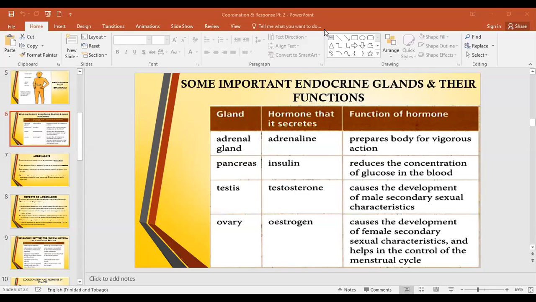And estrogen in females causes sexual characteristics to develop, and it also controls the menstrual cycle. For your hair to grow and everything that happens to you during puberty, testosterone and estrogen will be responsible for that.